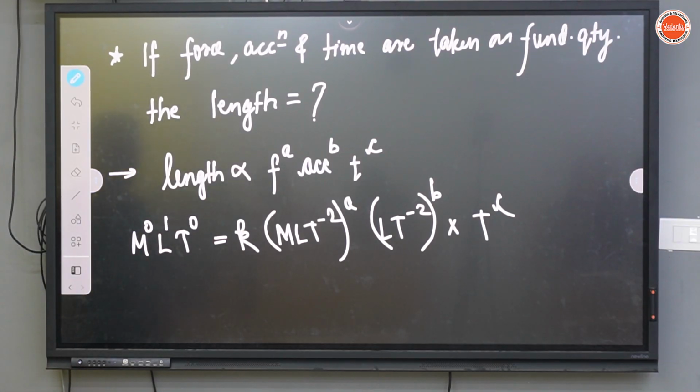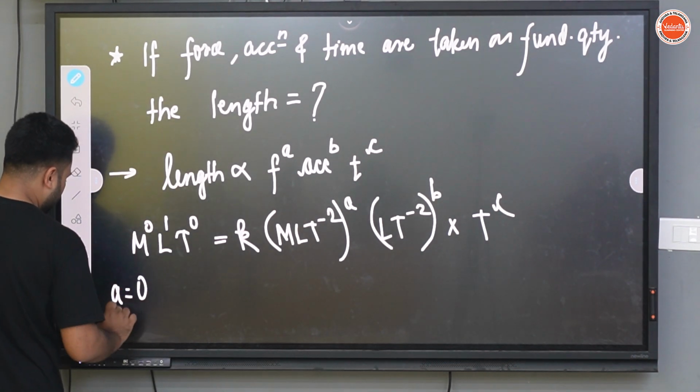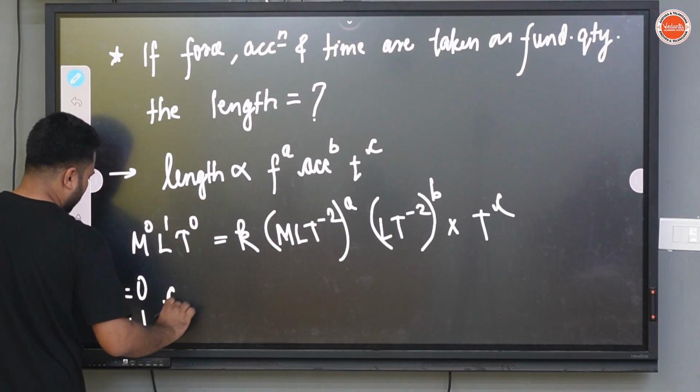So I will tell you what A, B and C are coming. A is 0, B is 1. If you solve this, C value is 2 I think.